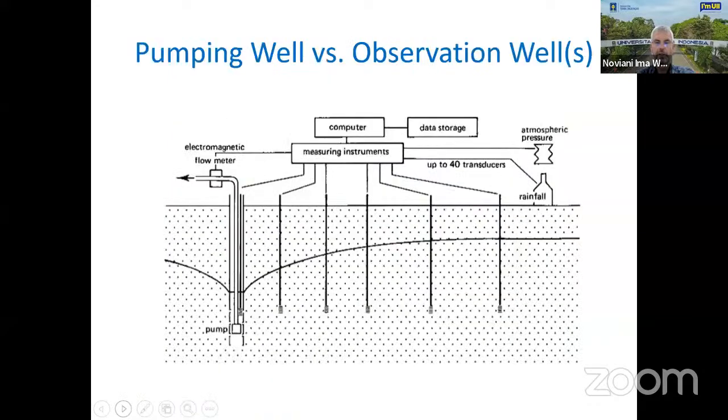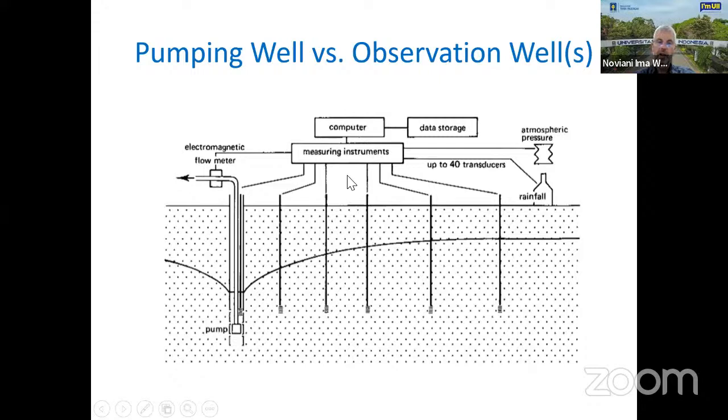Okay, so here's our well pumping, and here are now our observation wells. You can have one, sometimes you have many, like 1, 2, 3, 4, 5 in this case. And each observation well basically measures the drawdown, the depth to the water table at any given time, right?